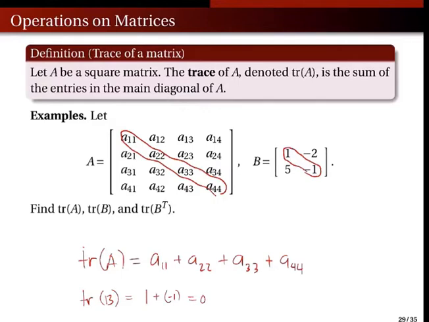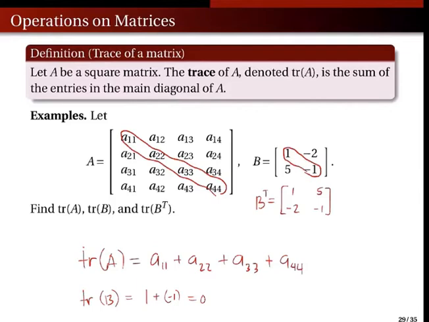And then in here, you are asked to find the trace of B transpose. So let us look at B transpose. As I have said, rows become columns. So row 1 in here, you have 1, negative 2. And then row 2, 5, negative 1.